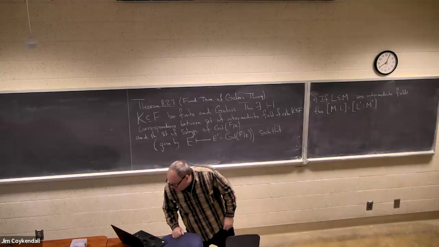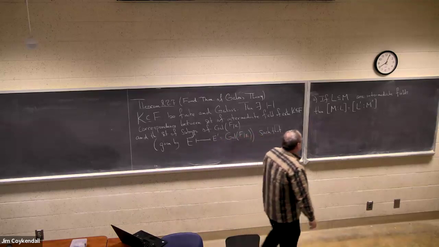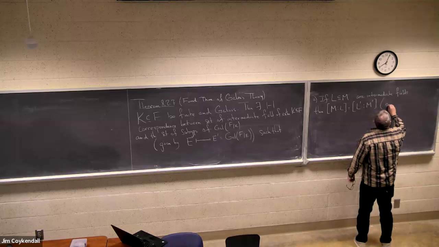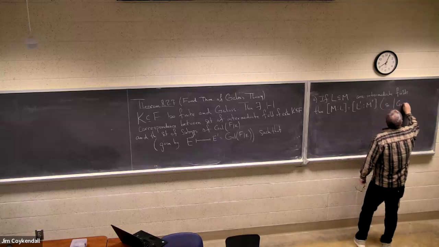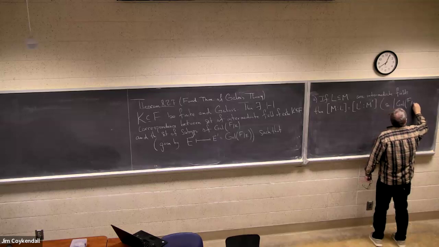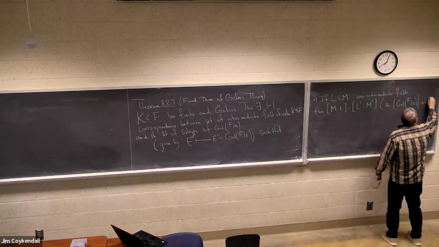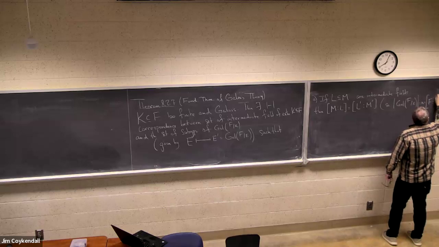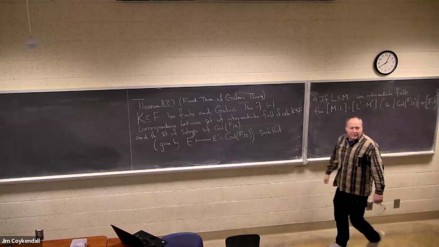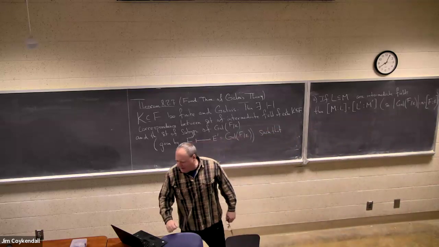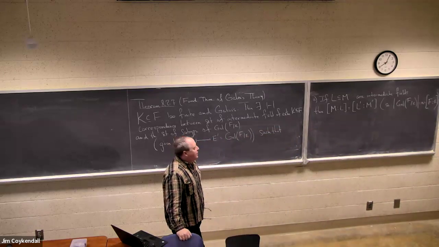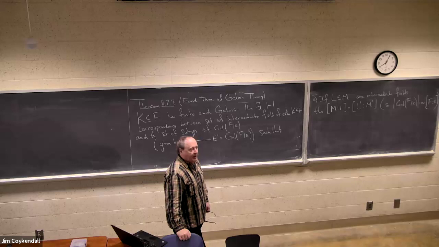These are identical. So in particular, the order of the Galois group is equal to the degree of the extension F over K. So, for example, if you have a Galois extension of Q of degree 5, then you know that the Galois group is of order 5, and so it has to be cyclic of order 5.